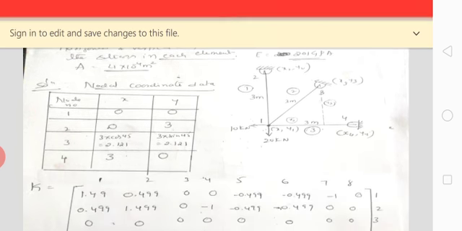And also in this problem they have given how many nodes are there: 4 nodes are there, along with 3 elements. For this, the difference we are going to come across is when you are creating the nodal coordinate data table.